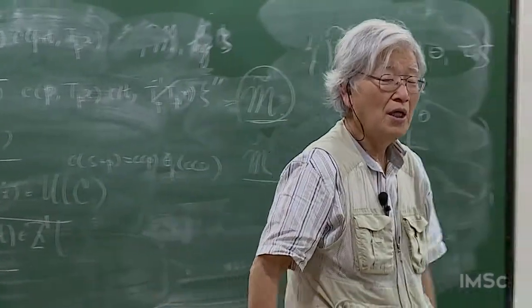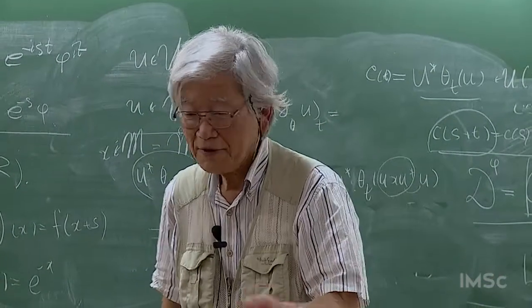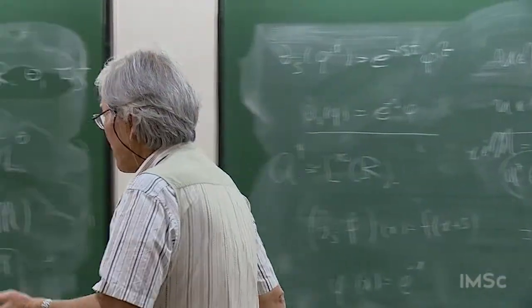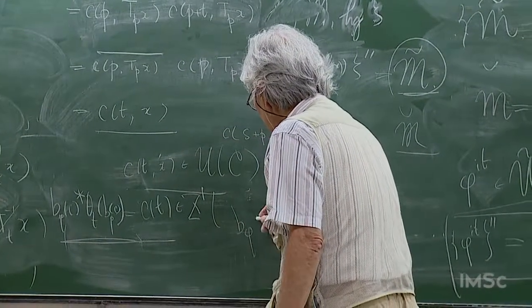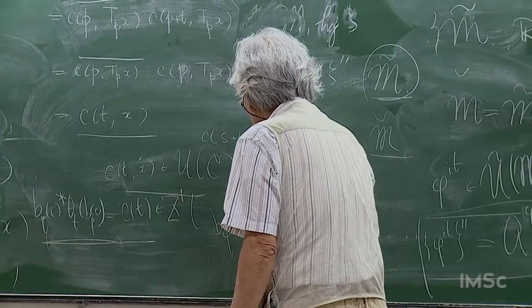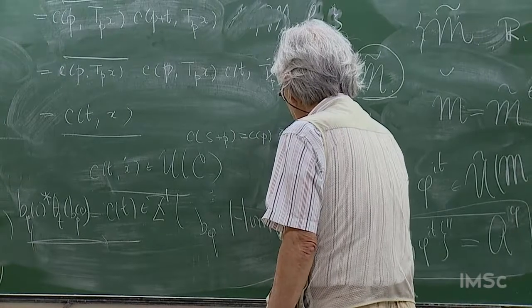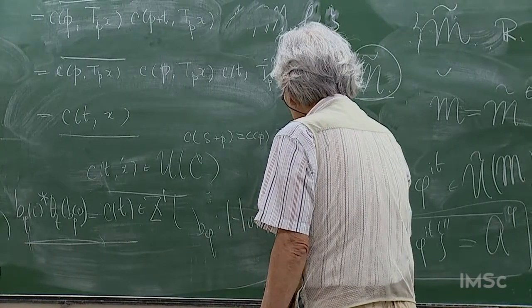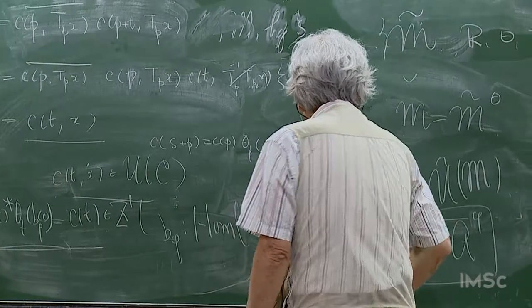So what we obtain is the following. B phi is a homomorphism from the co-cycle group.